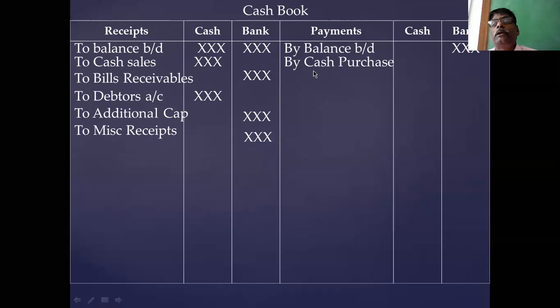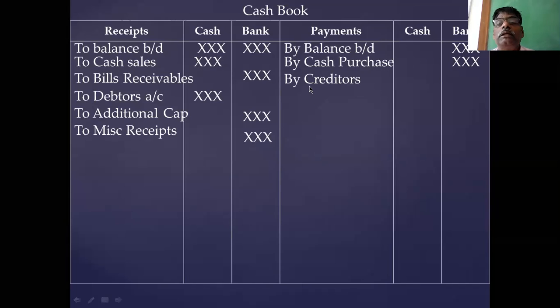Then cash purchase. If you purchase goods on a cash basis, payment is there. If it is by check, you record in the bank column; if cash, you record in the cash column. Then creditors. Creditors means cash paid to creditor.